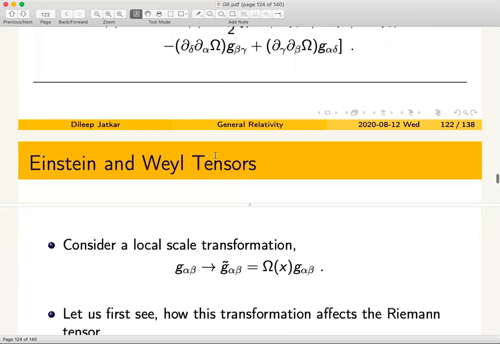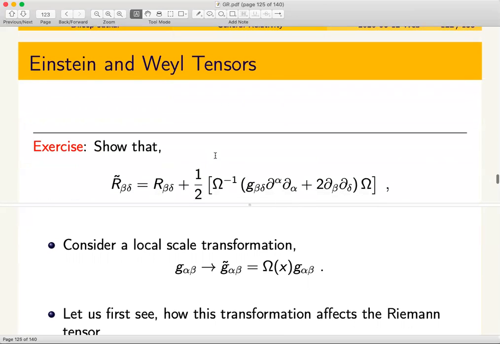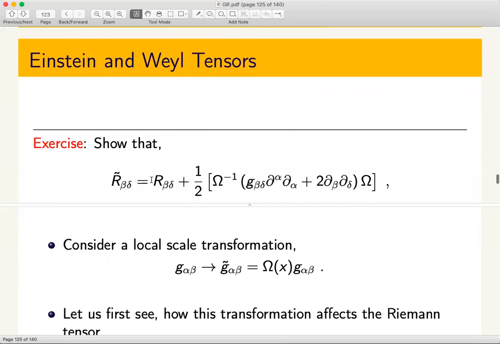Whereas the Ricci tensor transformation wouldn't have lambda anywhere, because there won't be a lambda here and there won't be a lambda here either. And that you can easily check by just replacing omega by lambda omega. So omega inverse will be replaced by lambda inverse omega inverse, and since lambda is constant, it passes through the derivatives and just cancels.